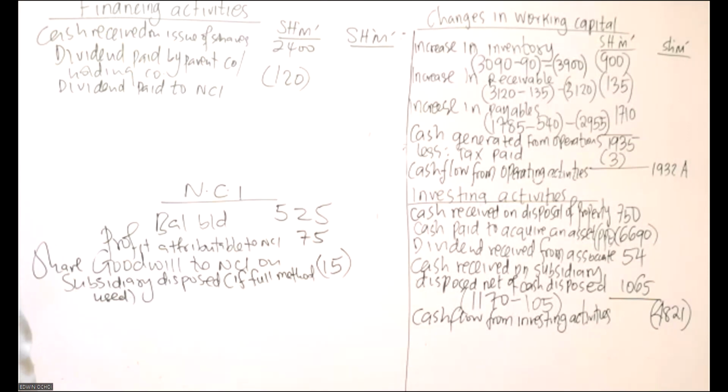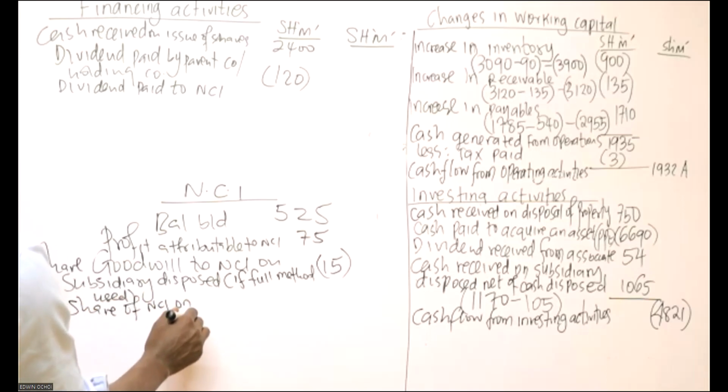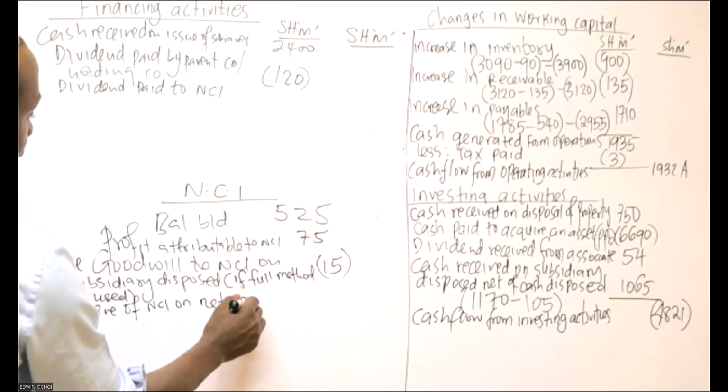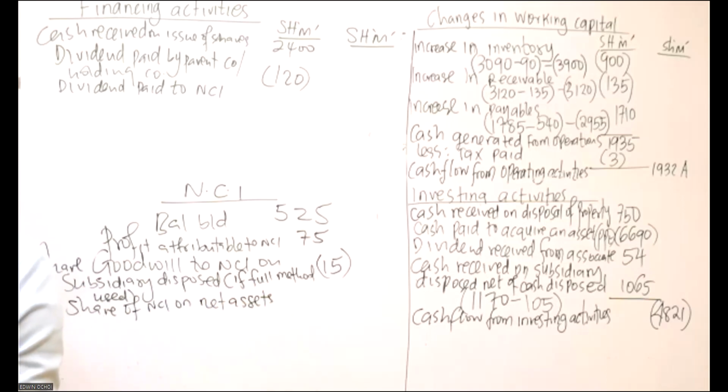Then the next thing you check is all about the share of NCI on net assets of the disposed subsidiary.